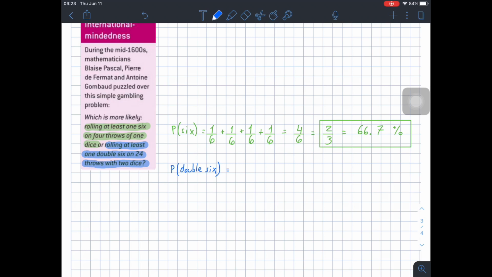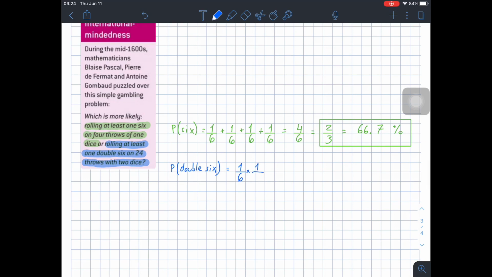If we want to get a 6/6, we should get a 6 on the first dice, so the probability is 1/6 for the first dice. But at the same time, I need to get a 6 on the second dice. So in this case, we multiply, right? Because we want to get a 6 on the second dice as well. So this is times 1/6, which is the probability of getting a 6 on the other dice, right?